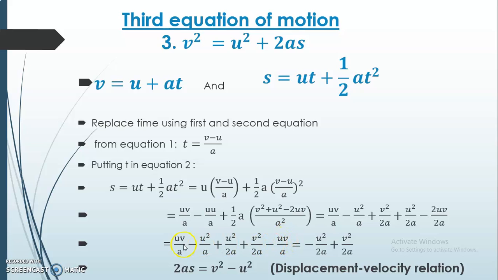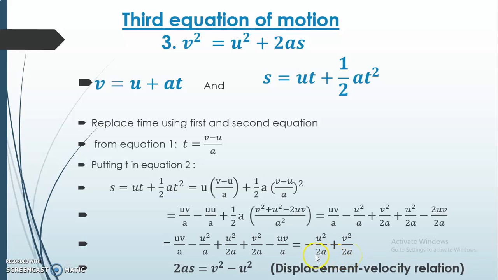The first term and the last term, you can see uv upon a and minus uv upon a. These can get cancelled because one is in positive and the other one is in negative. So we are left with minus u square by 2a and this term plus v square by 2a.